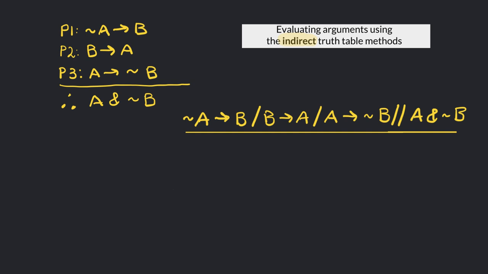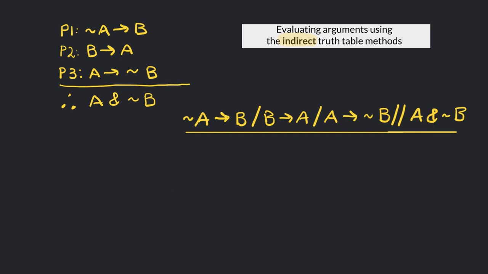There's a couple of things to point out here with this argument. You'll notice that it just has two atomic sentences, A and B. They're part of different types of statements with conditionals, negated antecedents, negated consequences, and the conclusion being a conjunction.